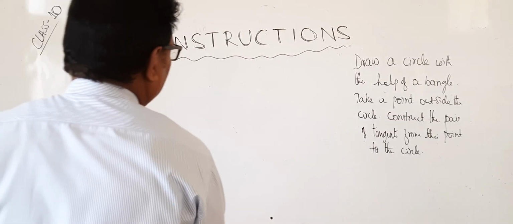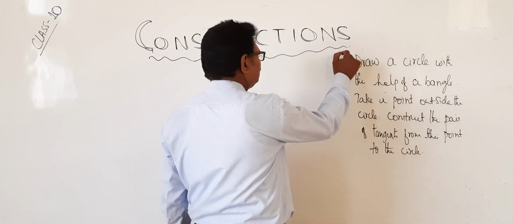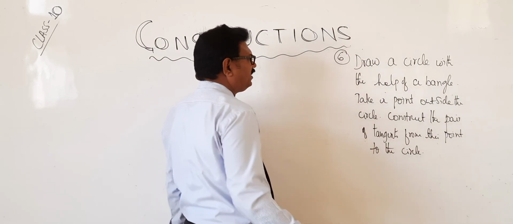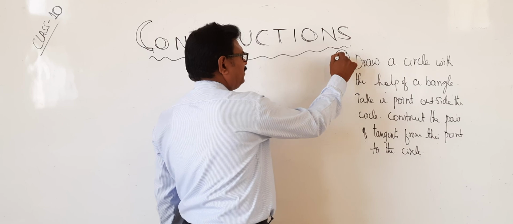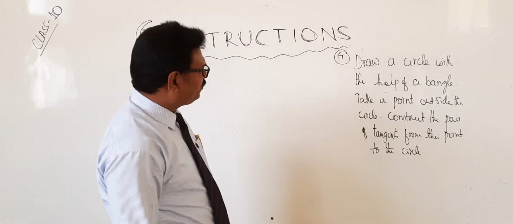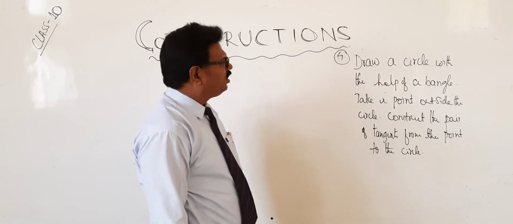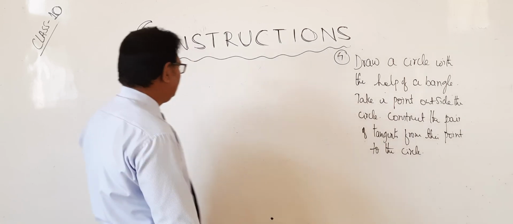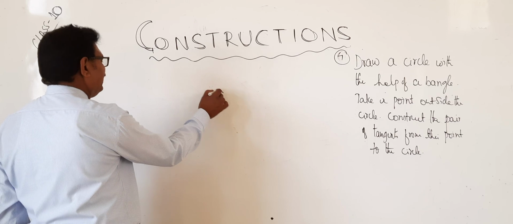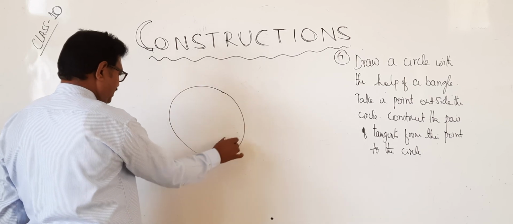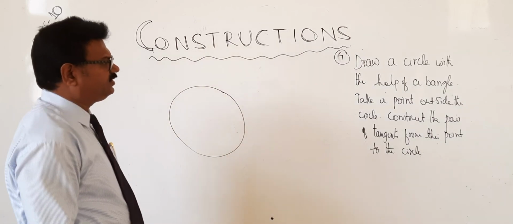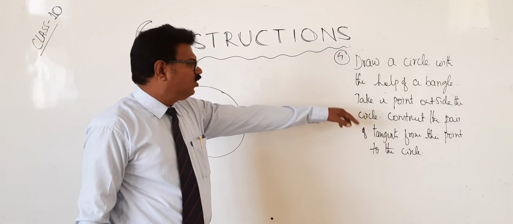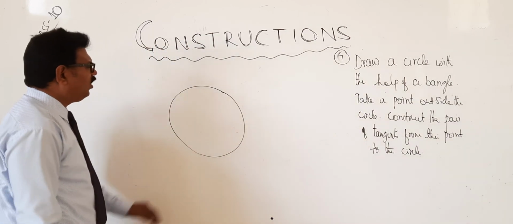This is the last problem of this academic year 2021. You see, draw a circle with the help of a bangle. Now take your bangle, any bangle, draw a circle. Okay, drawn. Next, take a point outside the circle.